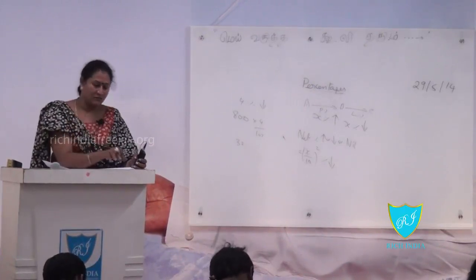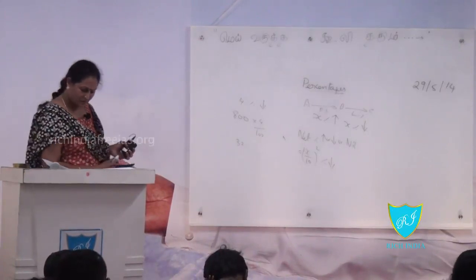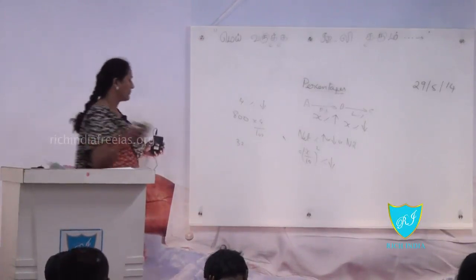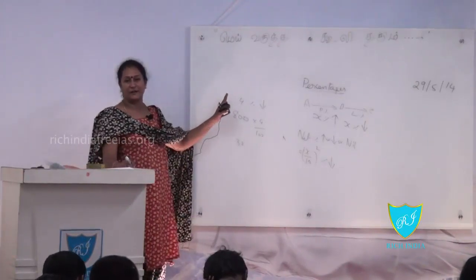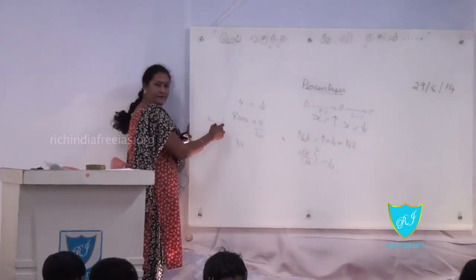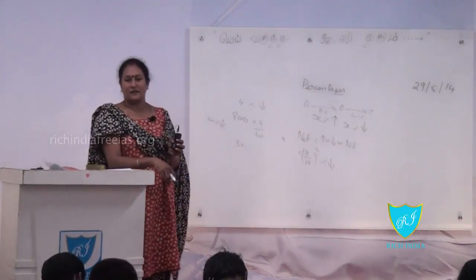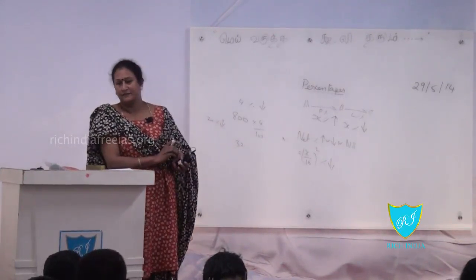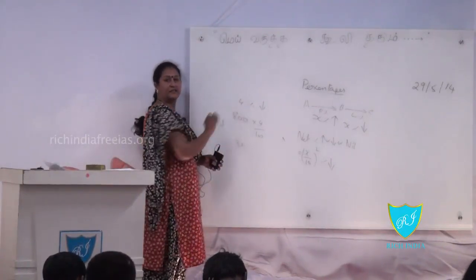11th, 800 is the mark price. He is buying it for 20% less, and then he is increasing 20% and selling it. Then it is a 4% decrease in 800.